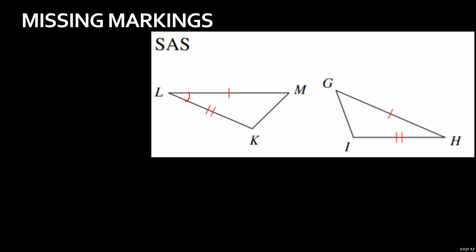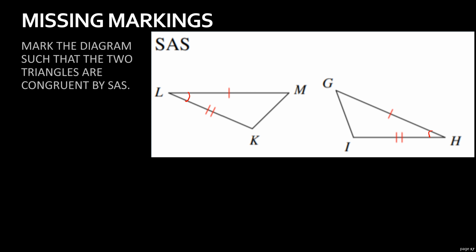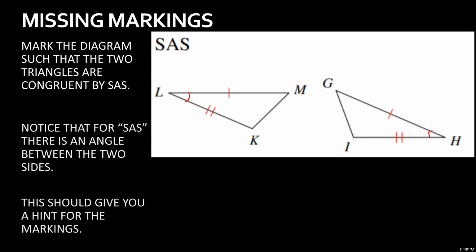And then here for angle H, I have this angle marked between the two sides. So again, just to reiterate, take a look at side, angle, side. There's an angle between the two sides, and that'll pretty much tell you what to mark or what's missing in this case.